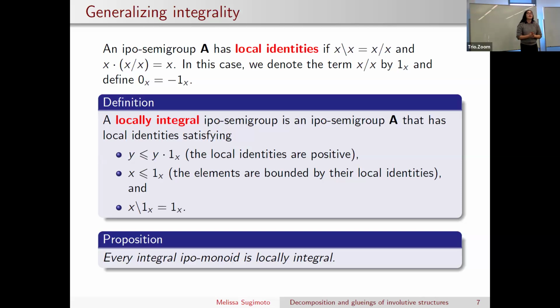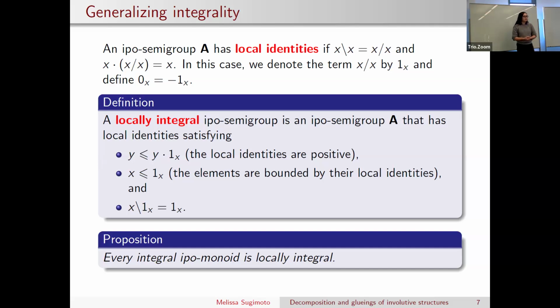But I didn't say integral ipo-semigroups, I said the locally integral ipo-semigroups. So our goal here is going to be, first off, to try to generalize this concept of integrality in a way that's going to work for us in our setting. And to that end, we want to talk about what's called local identities.